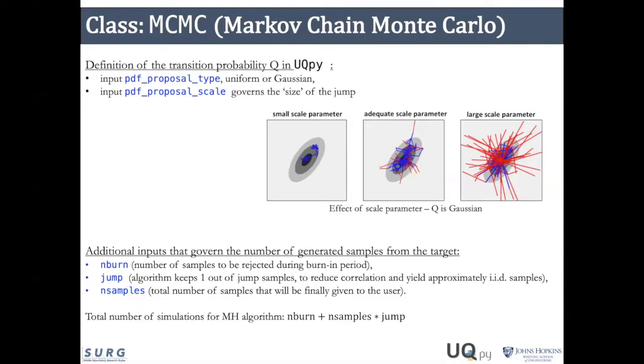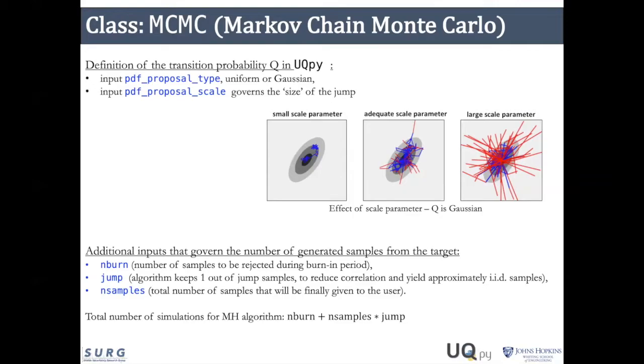So I've plotted a few examples here where you can see what happens depending on the scale parameter. The three plots here are sampling from a two-dimensional Gaussian PDF. And basically in blue, I showed the samples that are accepted. And in red, I show the candidate samples that are rejected.